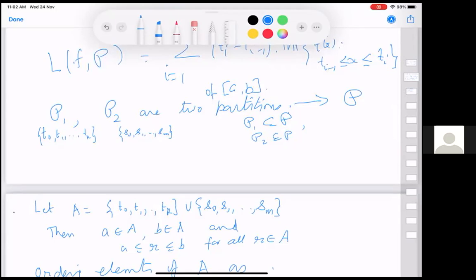So if P1 is contained in P, we will say that P is finer than P1, that it adds more points than P1. It can happen that the two are not comparable, right? Suppose A equal to 0, B equal to 1, and P1 is equal to 0, half.